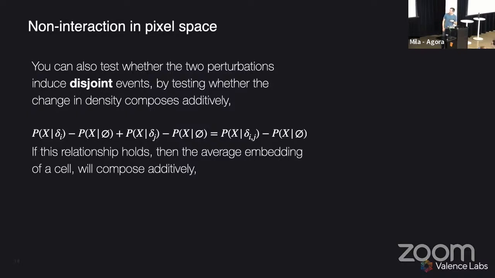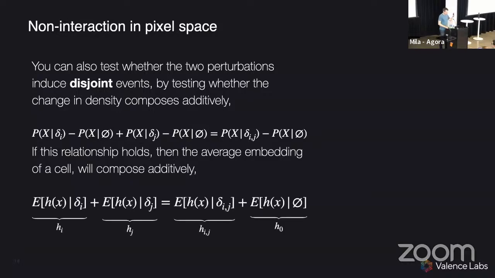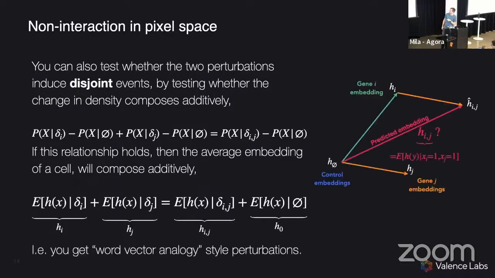If you have this relationship between densities, then we can show that any embedding that you have of these cell images will compose additively in a way that you would like, analogous to the word vector addition we've all seen in machine learning, right? If you've ever seen the man is to woman, king is to queen kind of relationships that come up in word vectors, you can do the same thing under this distributional assumption. You'll get the same thing with embeddings.